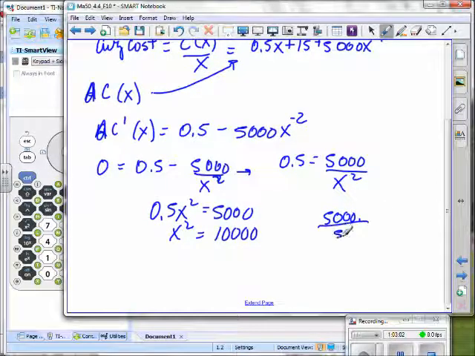Divided by 5/10 is the same thing as 5,000 times 10 divided by 5. Casey's right. Okay, 10,000. So now, if I want to find x, it is plus or minus. Is 100 the square root of that? So my answer, I have two answers, right?